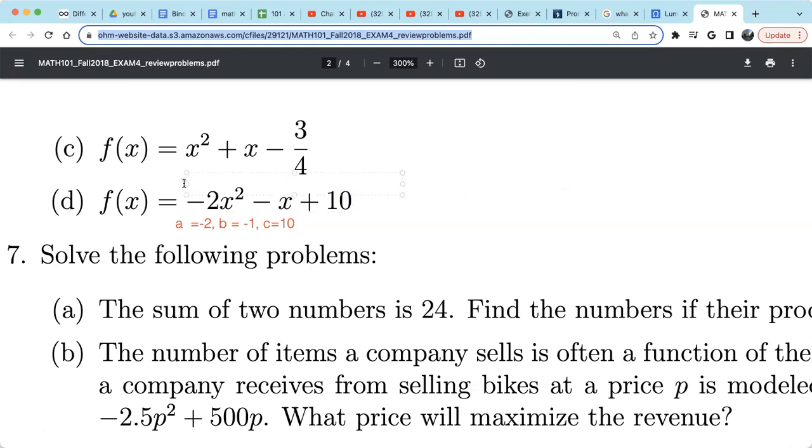So how do I think about this? First, I put a negative sign outside. Basically, factor out the -1, and 2x squared plus x minus 10 inside the parentheses. So I'm going to factor this. For b, I keep the negative sign. I'm going to factor b because I want to get 4x for the middle term.